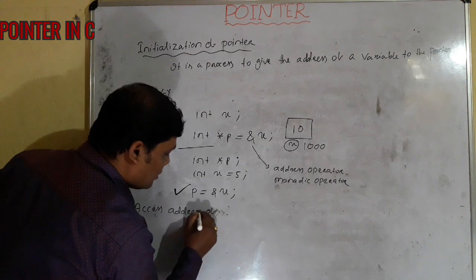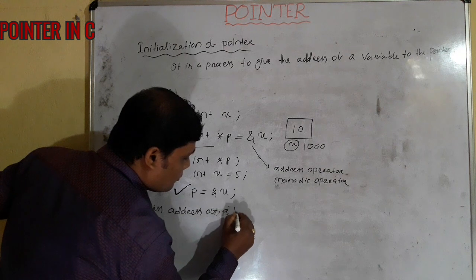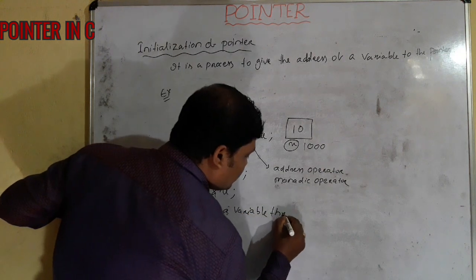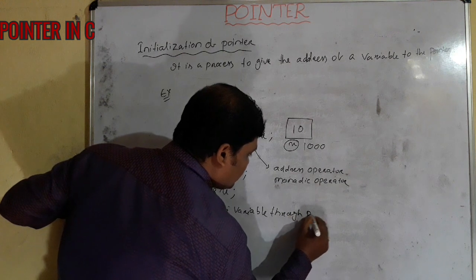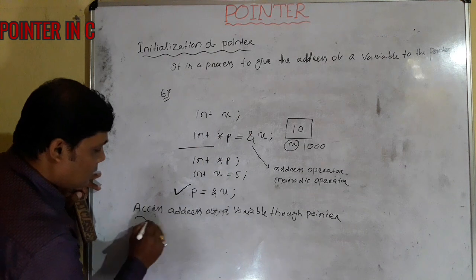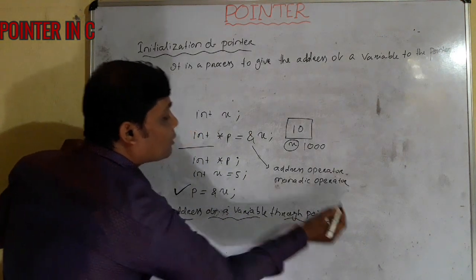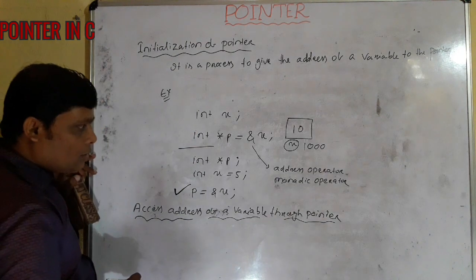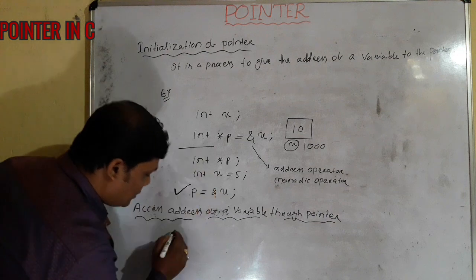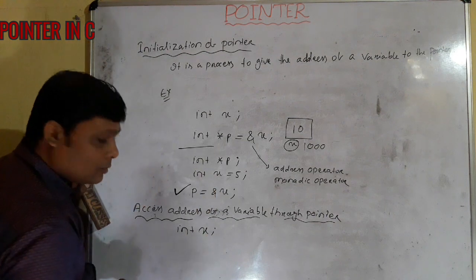Then we will discuss how to access the address of a variable through pointer. Clear? We know how to initialize. Just see this. Suppose this is int x, clear?